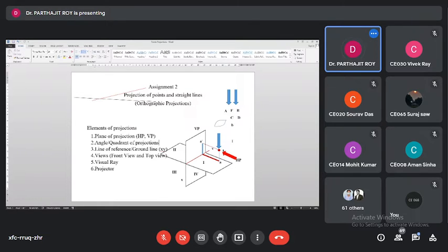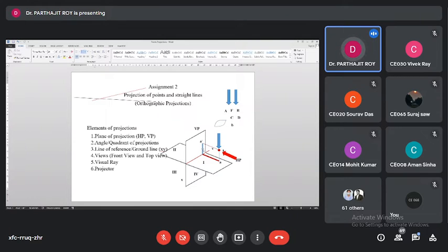Okay. So the more thick line I have drawn, I have shown these two lines are drawn. One is drawn from the front view A dash on the XY line. Second one is drawn from top view A on the XY line. Okay. Now what will be the angle between these two lines? Are you getting me?